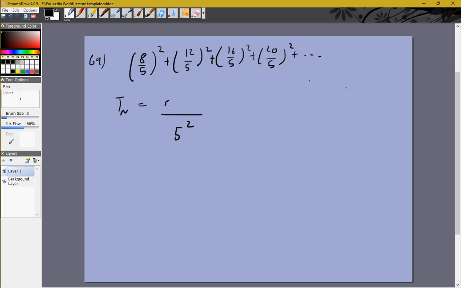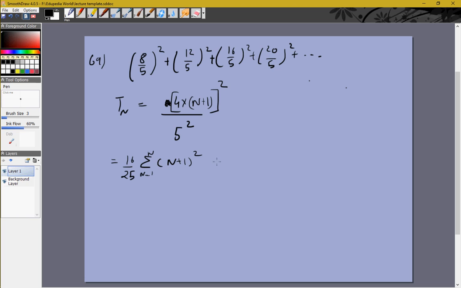So what we have is 4 times, the first term is 2, the second term is 3, the third term is 4. So we'll take (n plus 1) whole square. This is the nth term, and we need to find the sum of the first 10 terms. So that will be 4 squared by 5 squared, that is 16 by 25, multiplied by the sum n is equal to 1 to 10 of (n plus 1) whole squared.